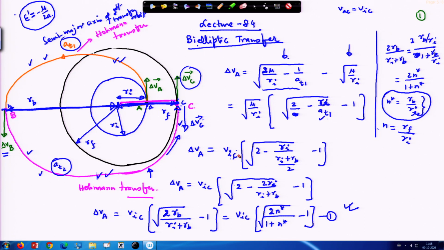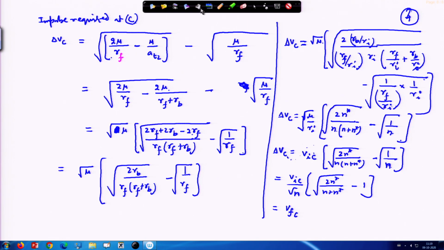Rather than using that, or properly tag it, VFC I will write here, so that you do not get confused. So, this is VFC 2 n star by n plus n star under root minus 1.